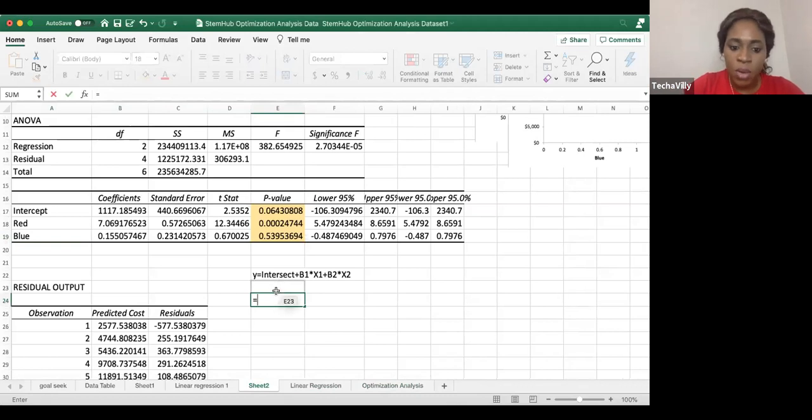Cost equals intercept 1117.18 plus B1 7.0107 times X1, that's 3,000, plus B2, which is this one. Please stop me if you don't understand so I don't end up confusing you.